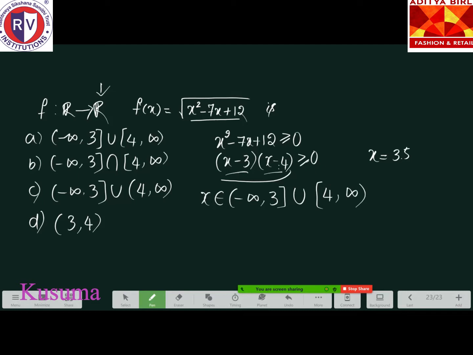And values above 4 will give a positive quantity. But values between 3 and 4 will give a negative output, which cannot be greater than or equal to 0. Therefore, x must belong to minus infinity comma 3 union 4 comma infinity, where 3 and 4 are also points in the interval. So this is your option A. Therefore, the right answer is option A here.